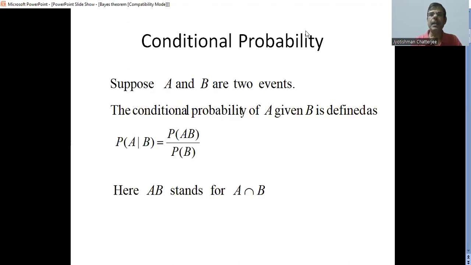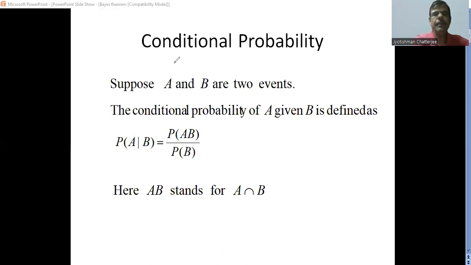Conditional probability, a quick recap. It means probability of A given B, where A and B are two events. What does it mean? It's given that the event B has occurred and we are trying to compute the probability that event A has also occurred.